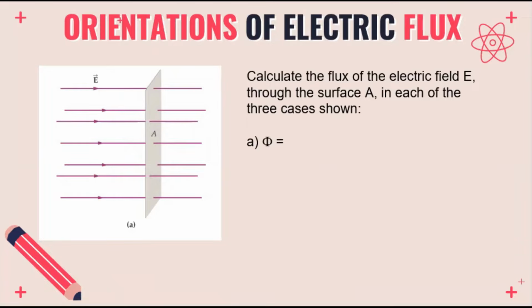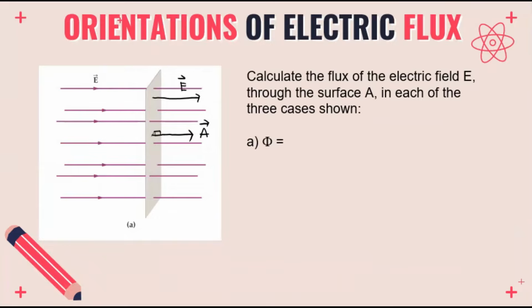So this is the first case. The area vector here, as we know, can be the normal vector, and it is always perpendicular to our surface. So the direction of our area vector is towards this direction. The electric field vector, kasi ganyan yung orientation ng ating surface, papunta rin siya dito.